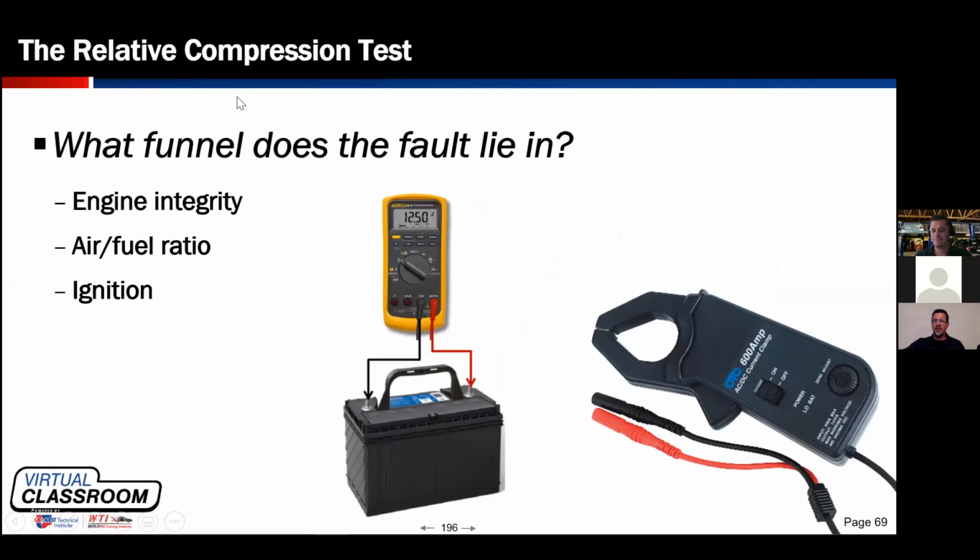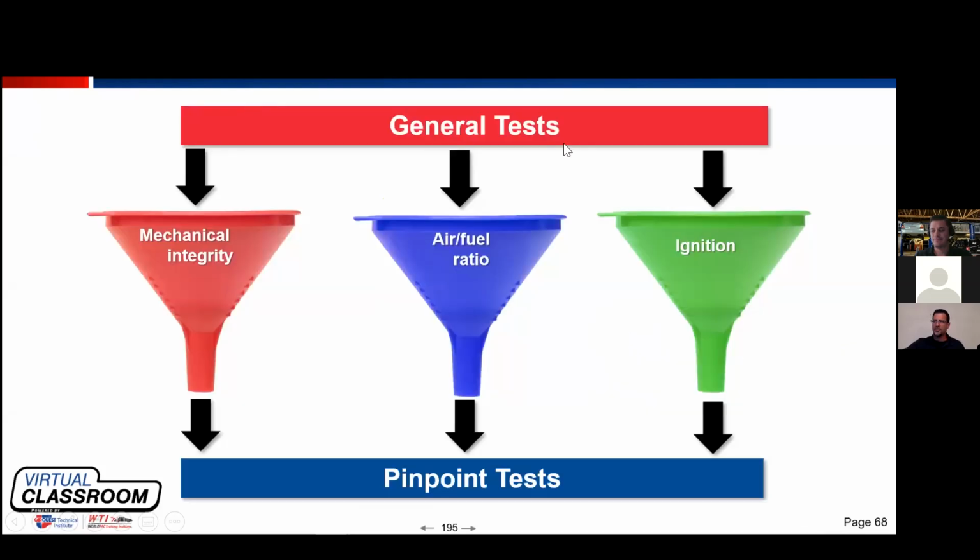So the idea behind these 3 funnels is to perform whatever test is going to put me in a funnel the easiest. And whether I think I have an engine mechanical fault or I think I do not have an engine mechanical fault, I myself am always going to perform a relative compression test first. Sometimes that's just me listening when I hit the key.